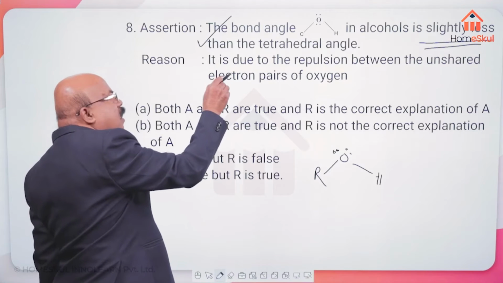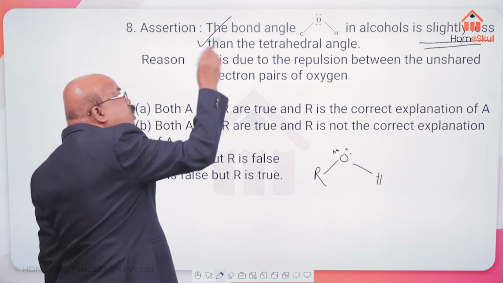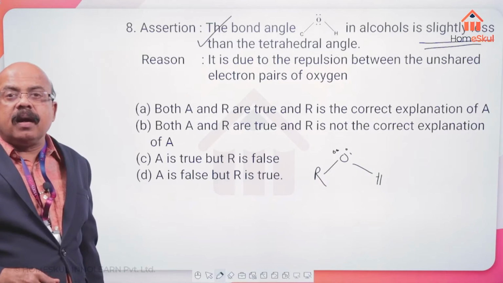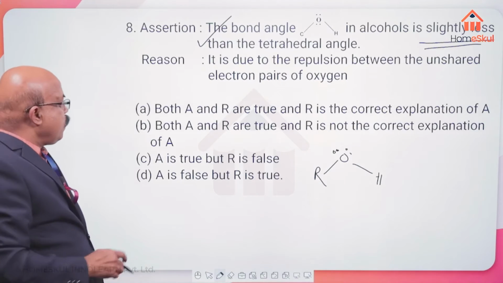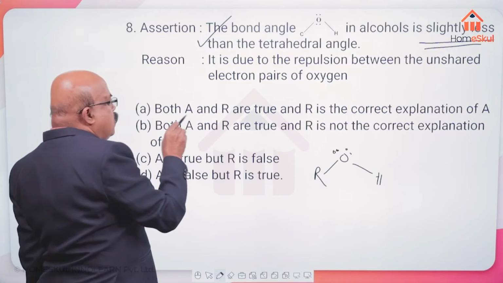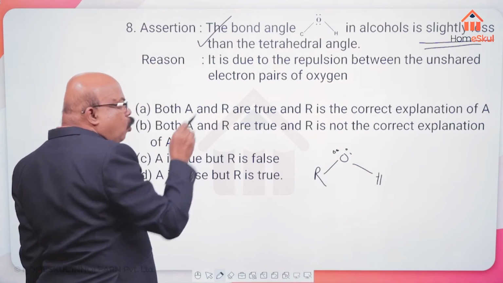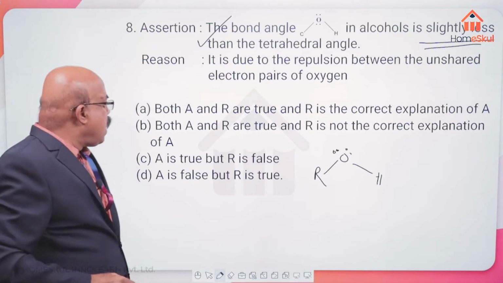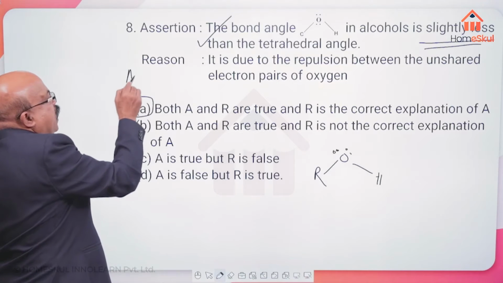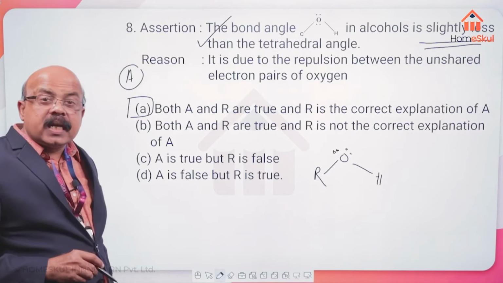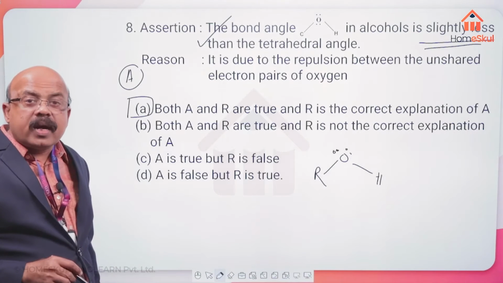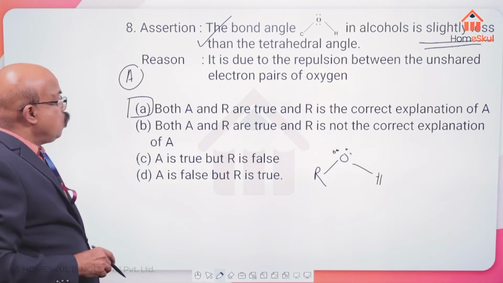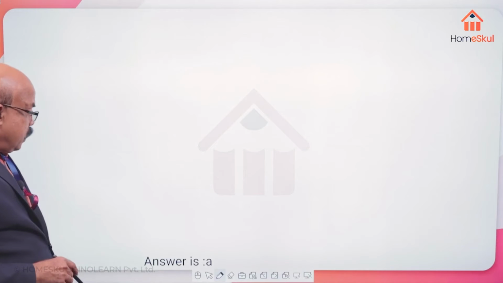Not only is it correct, it is the correct explanation of assertion A. The reason is correct as well as the correct explanation for the assertion. When assertion and reason are both true, and R is the correct explanation of A, it is marked as A. So here the option is A.